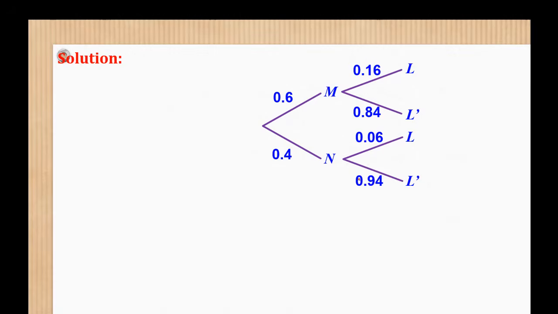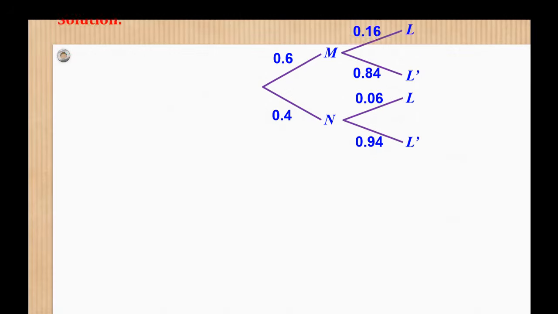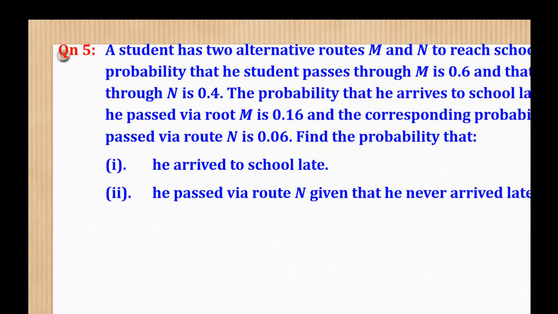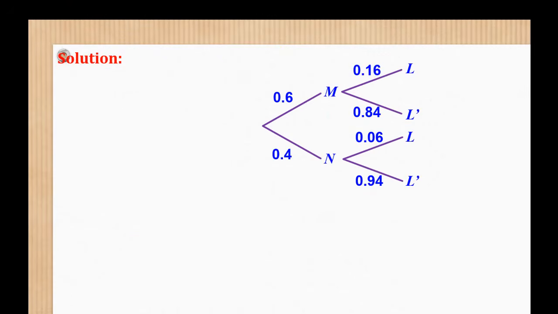Okay. Then Roman 1, they said, find the probability that he arrived to school late. So late, there is this option and also this option, which will be equal to 0.6 times 0.16.